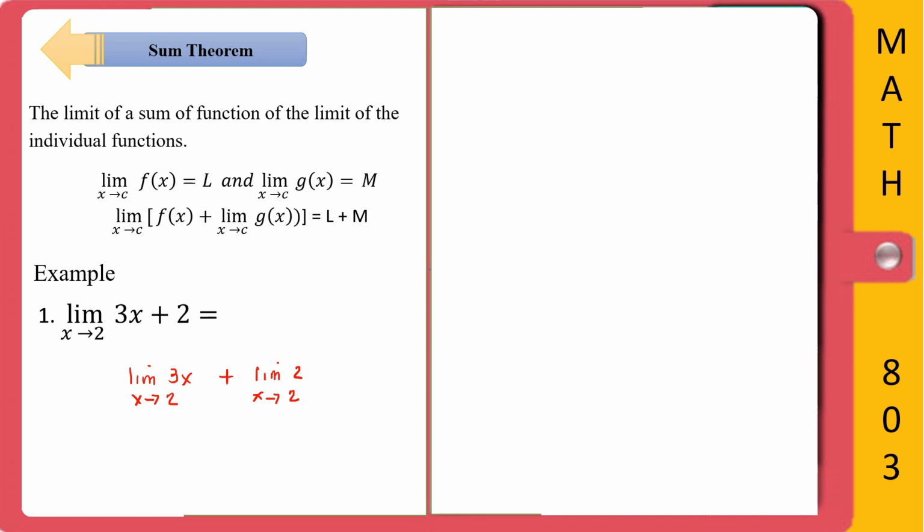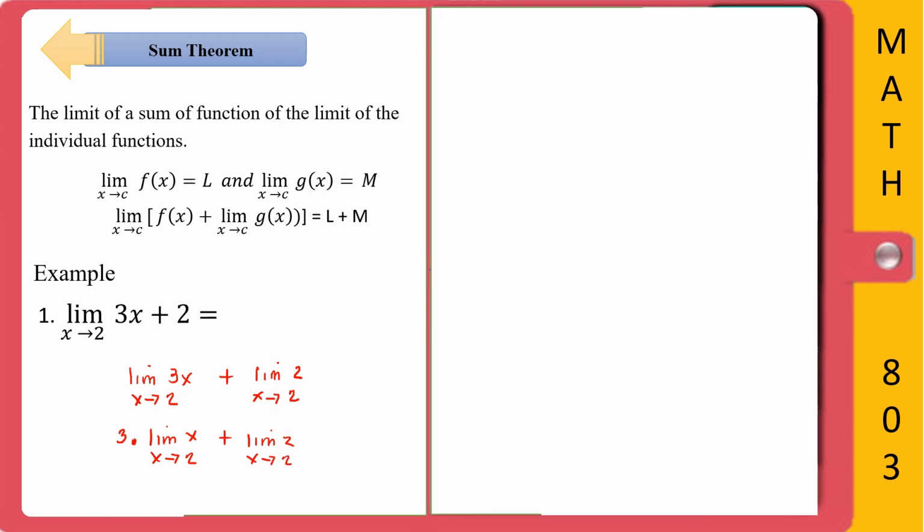Since we have the constant multiple theorem, now we have 3 multiplied by the limit of x as x approaches 2, and then the limit of 2 as x approaches 2.